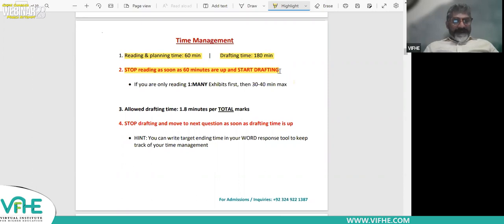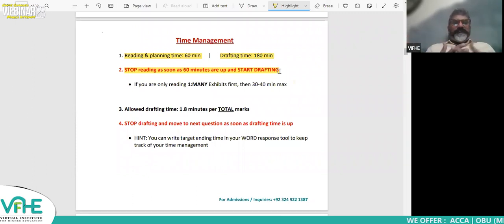However, in our case, as I discussed in the previous slide, we will not be reading all the exhibits, right? We will just be reading the overview and the few 1:many exhibits, and then we will start drafting.